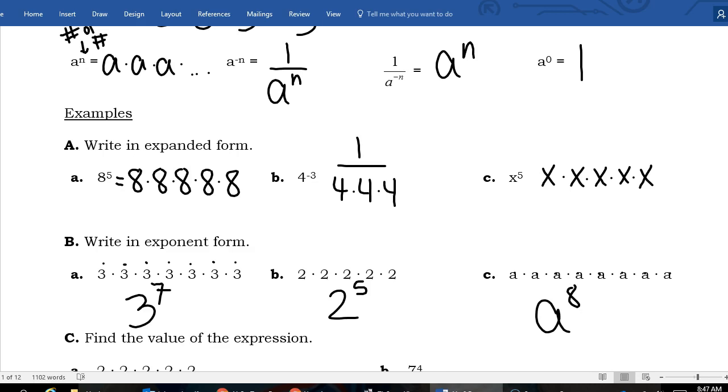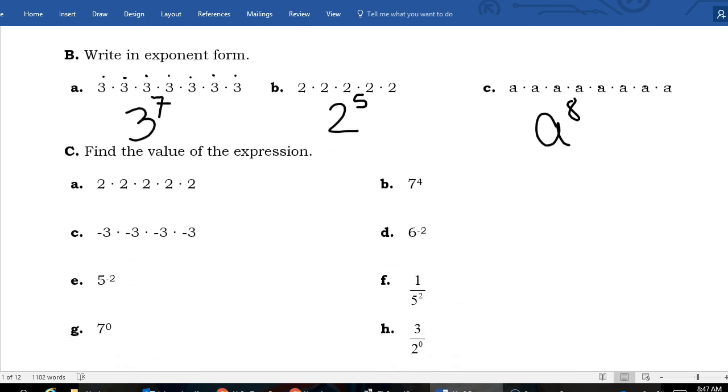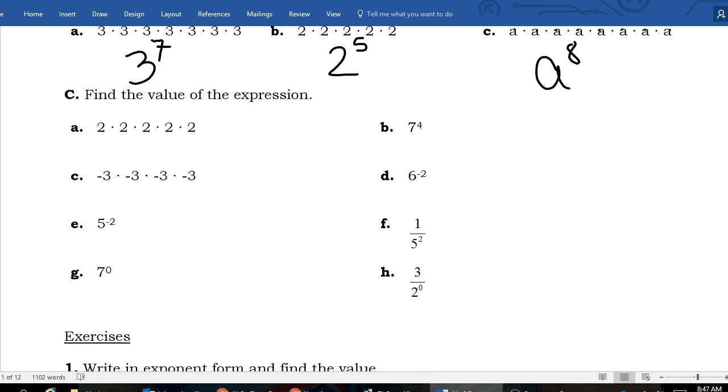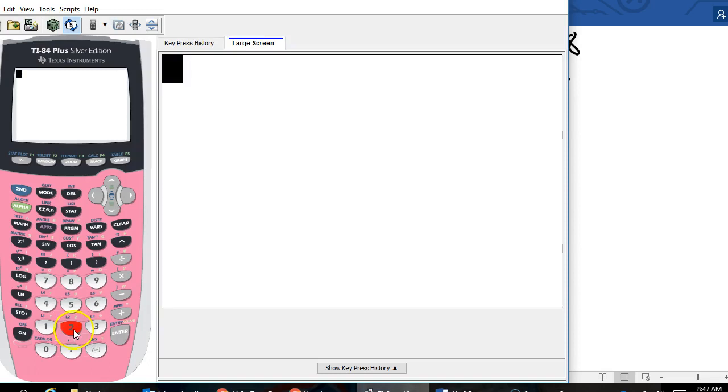Letter C says find the value of the expression. Here we're actually going to calculate a numerical answer. So I would do 2 times 2 times 2 times 2 times 2. And you do have 2 options. We could go 2 times 2 times 2 times 2 times 2, but that seems to take a bit of time.